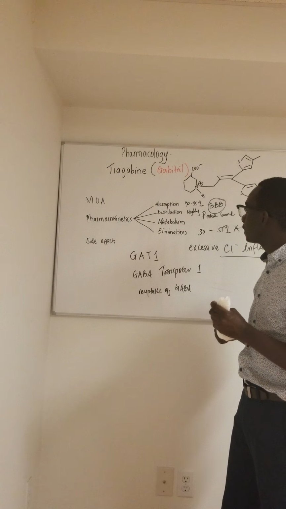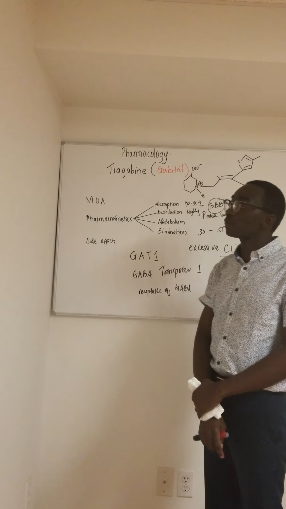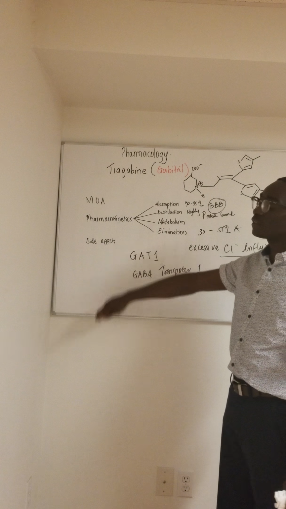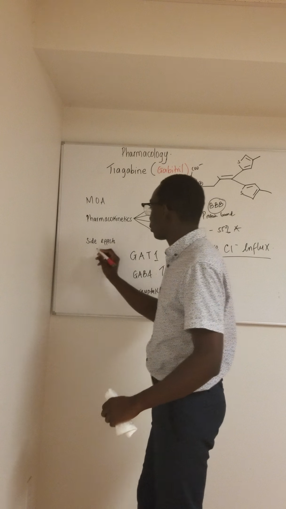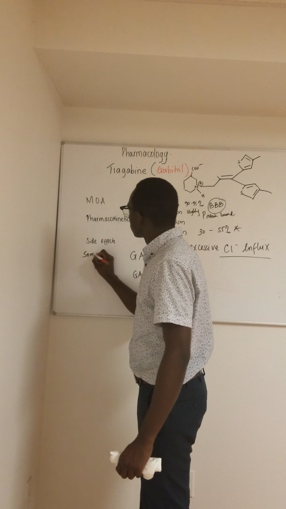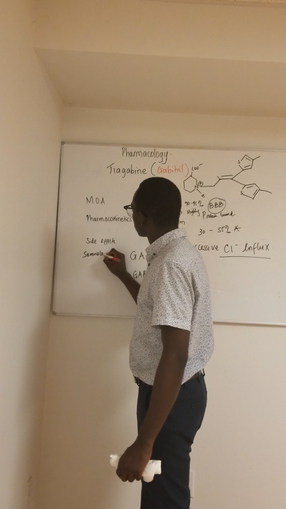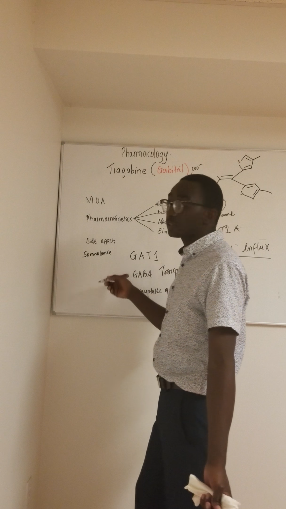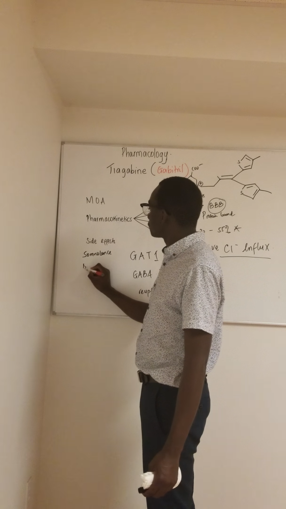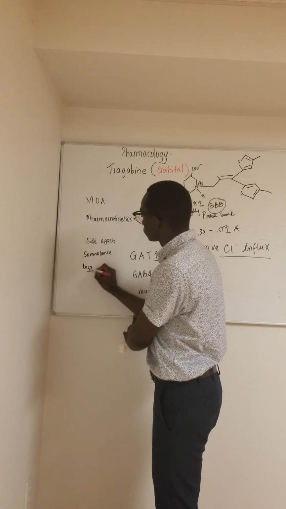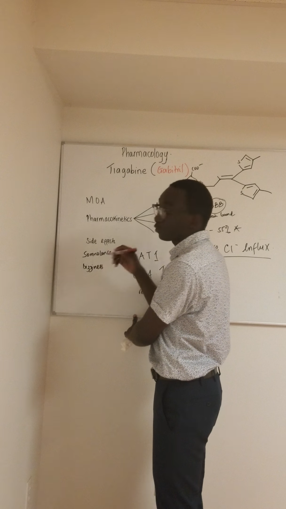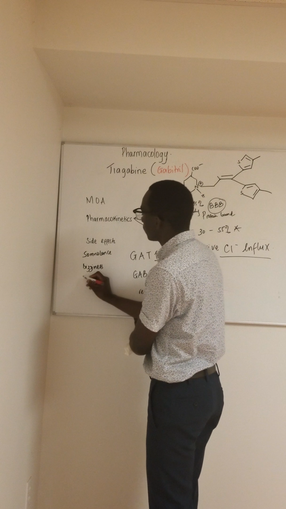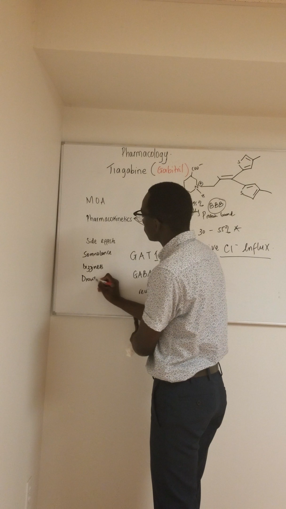Going to the side effects of this drug, one of the side effects seen is somnolence, which is excessive sleepiness. It causes dizziness. Since it crosses the blood-brain barrier, we shall see more of the drowsiness.